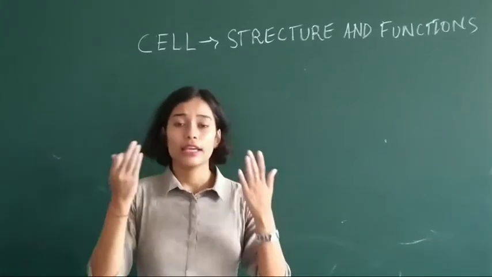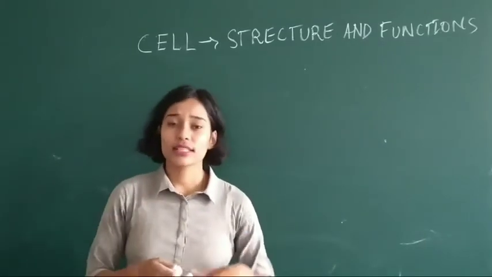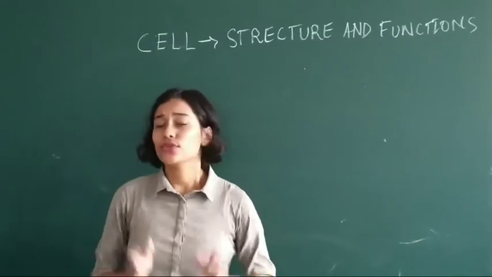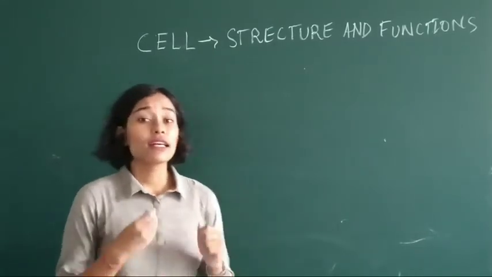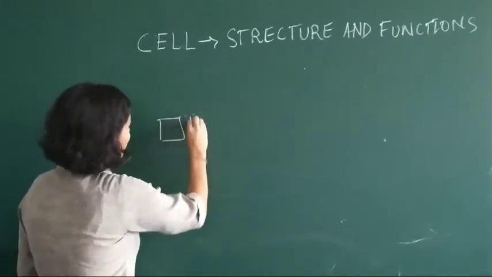Like we have eyes, liver, pancreas, small intestine, large intestine, kidney. So many organs are there. Do you know these organs are made up of what? These organs are also made up of cells.